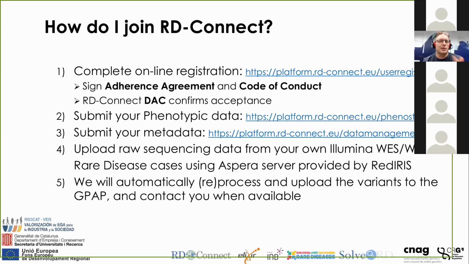We have an adherence agreement and a code of conduct, as mentioned by Leslie. So this is generally signed by the PI or the head of the group. And once we receive their application, we confirm who they are, and we send the application to an independent data access committee who confirms whether they agree these people are bona fide or not. So basically, you should be at a research institution or a hospital and interested in rare diseases, right? Then you submit your phenotypic data, your metadata, your sequencing data. We reprocess, upload, and make it available to you. So this is open to anybody who has the legal permission and wants to share their data within RD-Connect.